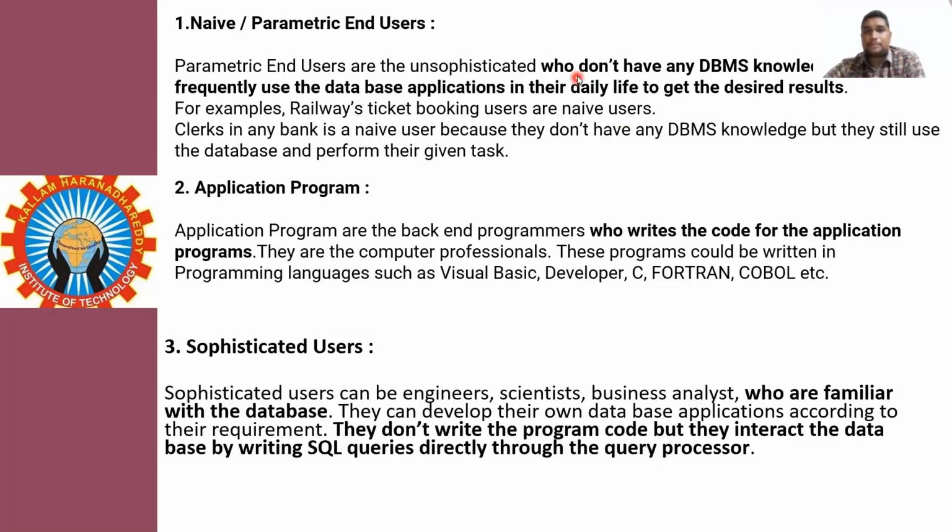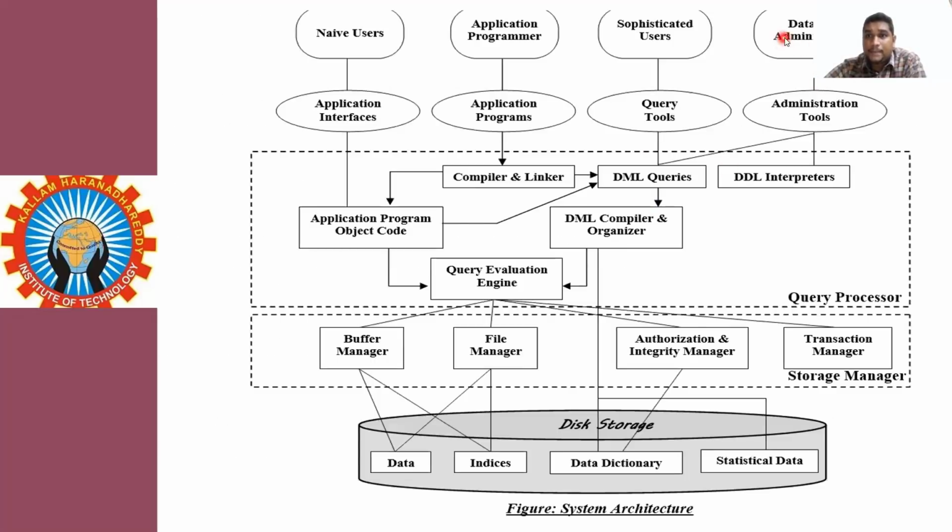Clear? We discussed three persons, but we have an important fourth one called the DBA, the database administrator. So what is the task of a DBA? In exams, they ask a question like explain the role of the DBA or explain various types of users, so we will write all these things.